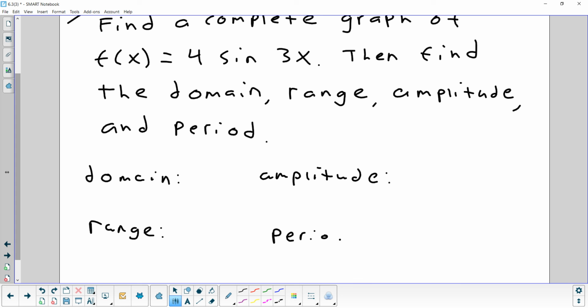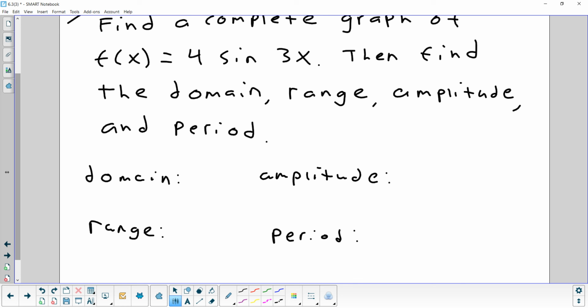Let's see how much of this we can do before we even graph it on the calculator. In fact, some of it you have to do before you graph it. All right, let's start with the amplitude. Probably the quickest one. What's the amplitude of 4 sine 3x?